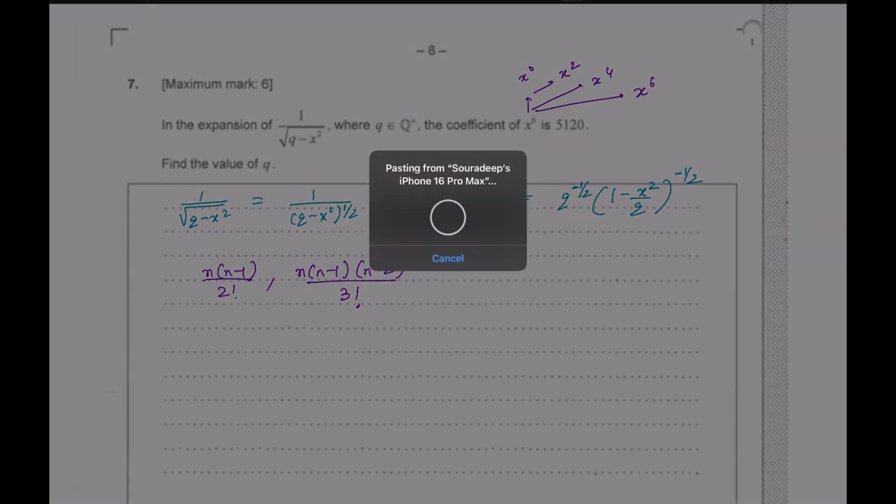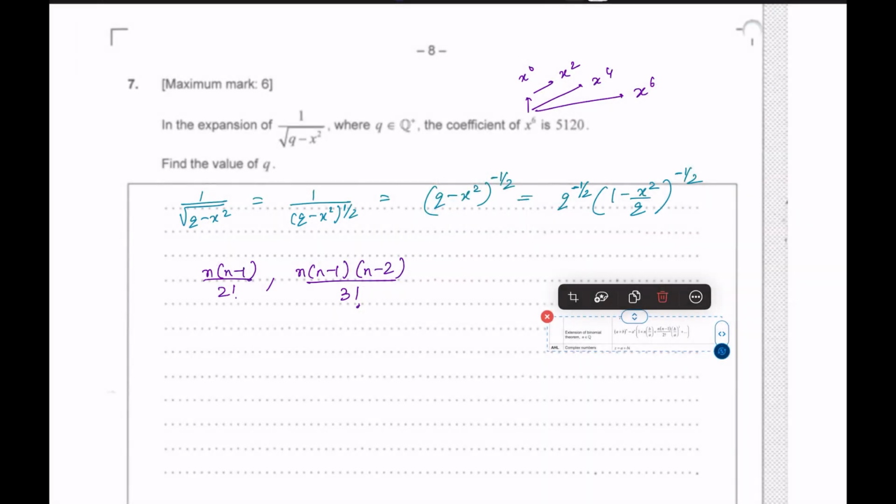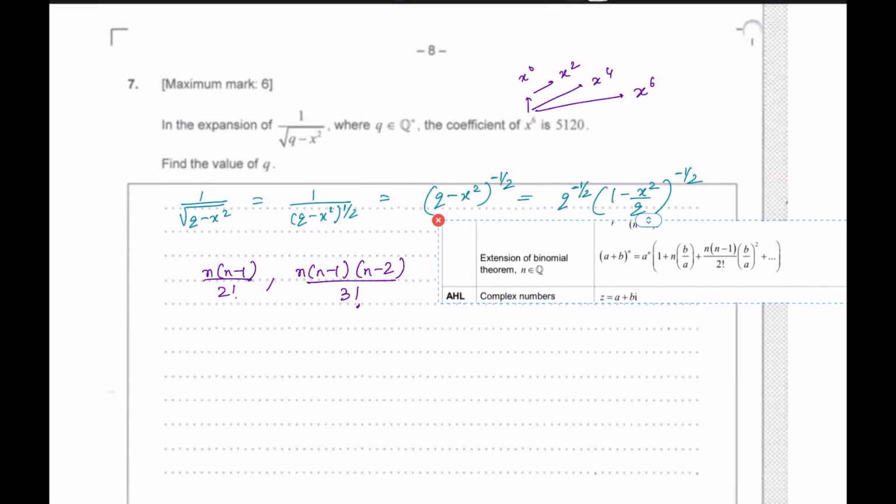Is the expansion formula to be exact from the data booklet? Yeah. So the first term is 1, second term is this, third term is this, and if I generate the fourth term, it will have an expression of this.